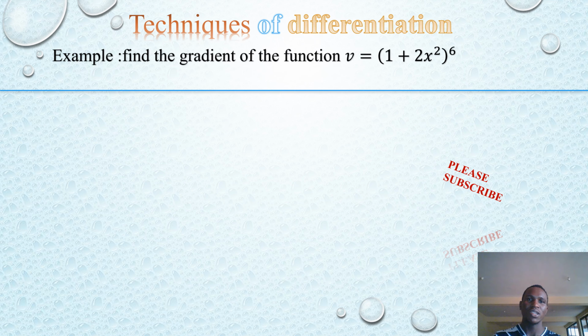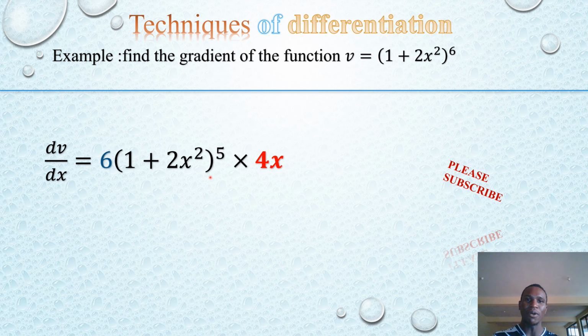Example: find the gradient of the function V equals 1 plus 2x squared, all raised to the power 6. You see that inside this bracket we don't have just x. We have 1 plus 2x squared, all raised to the power 6. So this function inside this bracket is not just x, so you can't say that the derivative is 1 and not consider it.